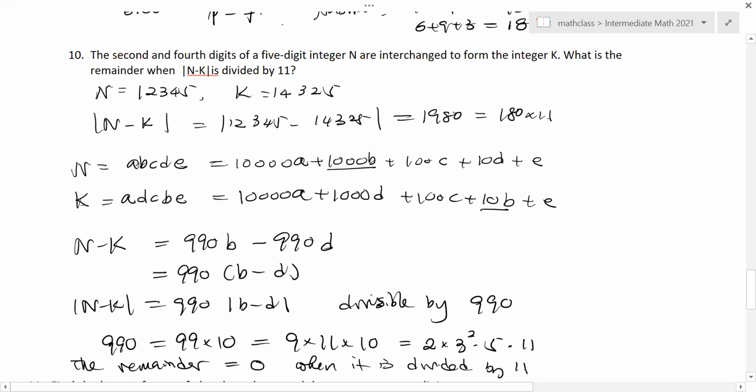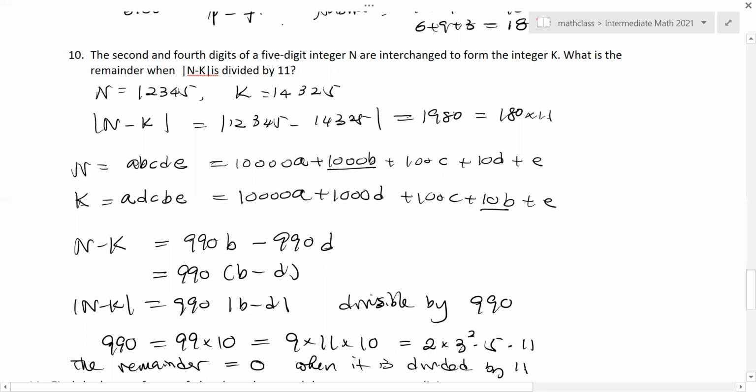So if you can get to this point and show all the details, then the statement is true in general. It doesn't matter which specific number you choose, it's always a multiple of 990. It is always divisible by 11.